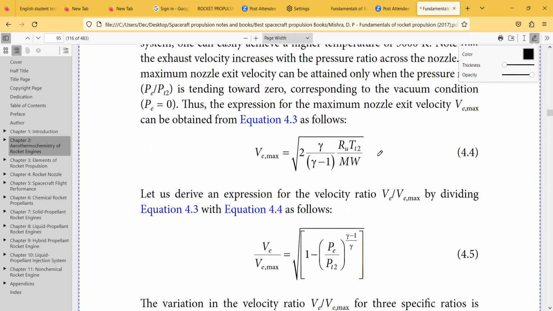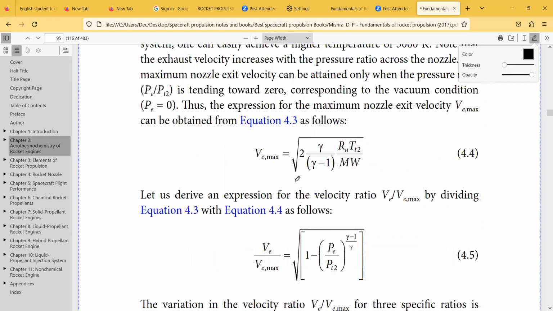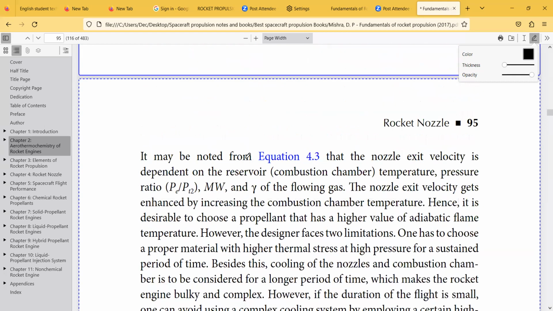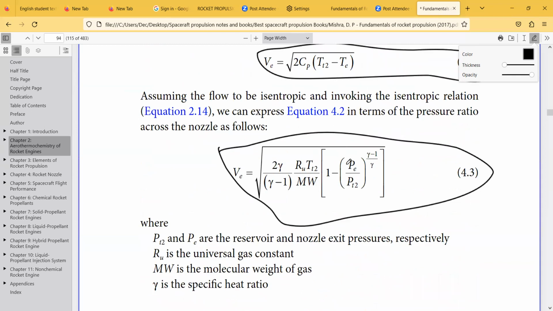So for the maximum exit velocity, we consider the pressure at exit equal to 0, because at exit there is high velocity rather than pressure. So P_E over P_T2 tends towards 0. What does it mean?